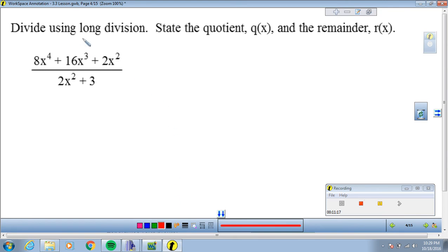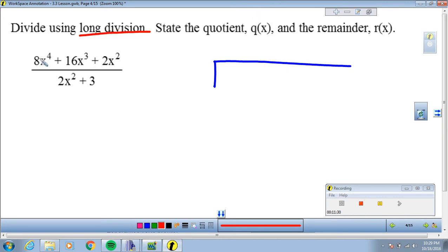Okay, so it says divide using long division, state the quotient and the remainder. So long division, you already know how it looks like. It's a division like a little division house like the ones from elementary.